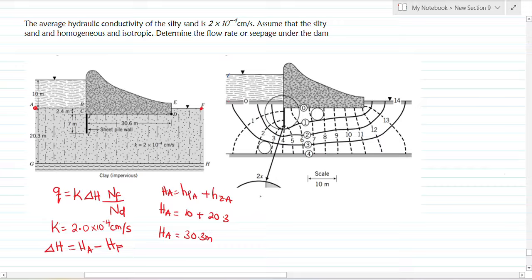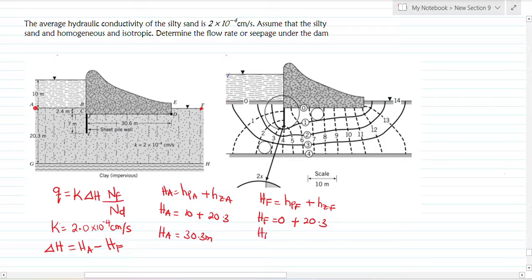Then we come to the total head at F. That is the pressure head at F plus the elevation head at F. There is no column of water above F, so the pressure head there is 0. Then the elevation head at F is also 20.3.